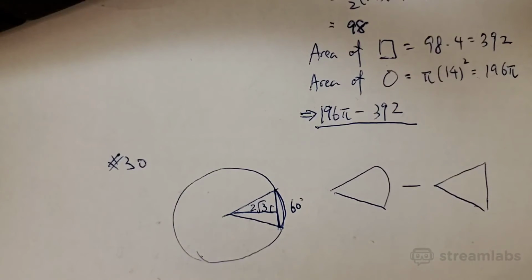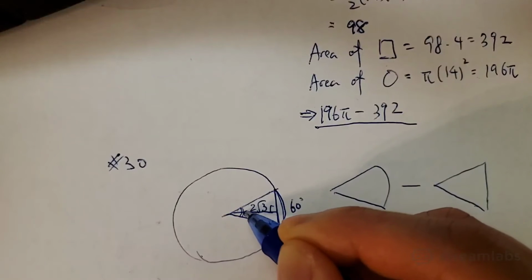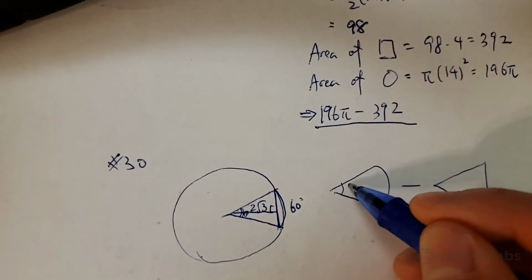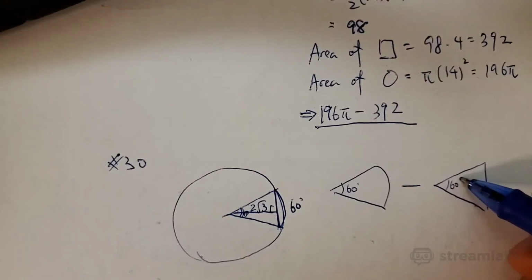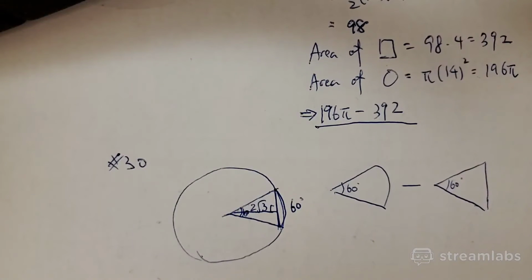The sector is 60 degrees here, so that means this part is also 60 degrees, because the sector and the arc have to match up.